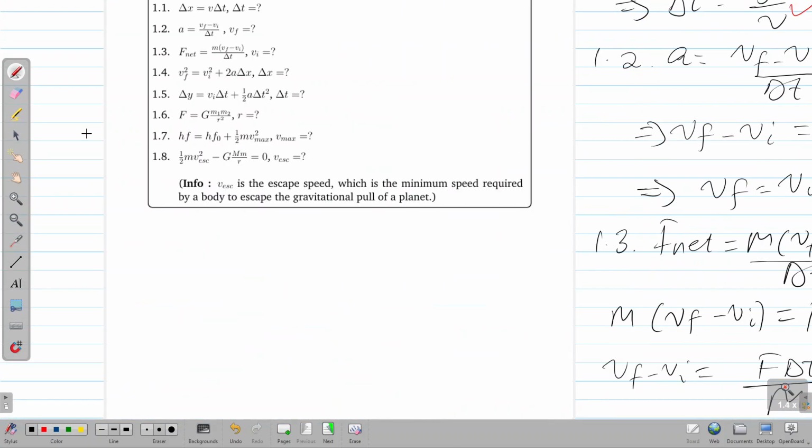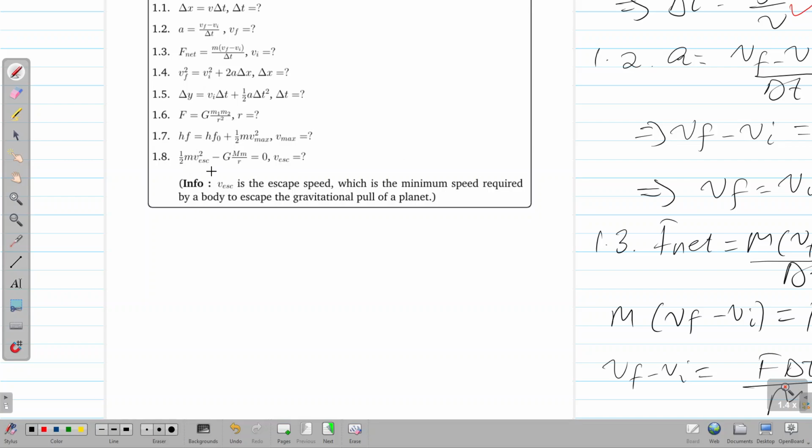All right, and then 1.8, last one in this activity, is that we must calculate the escape velocity. So the information here, this is extra info, that the escape speed, which is the minimum speed required for a body to escape the gravitational pull of the planet. So this speed gives you the launch speed.